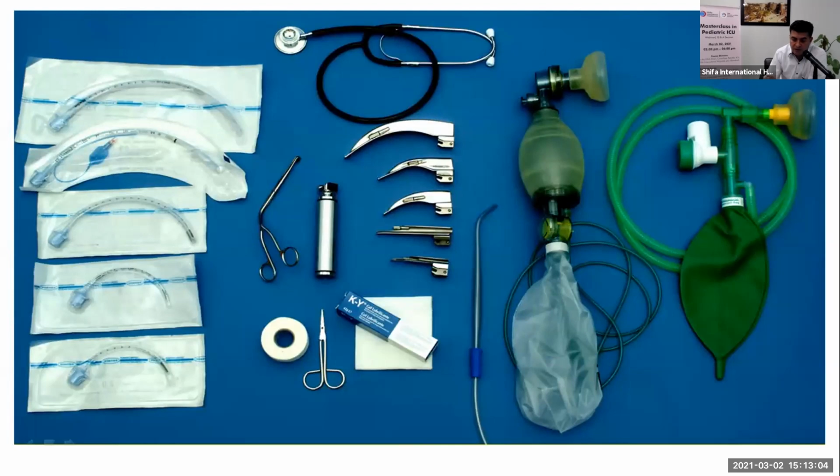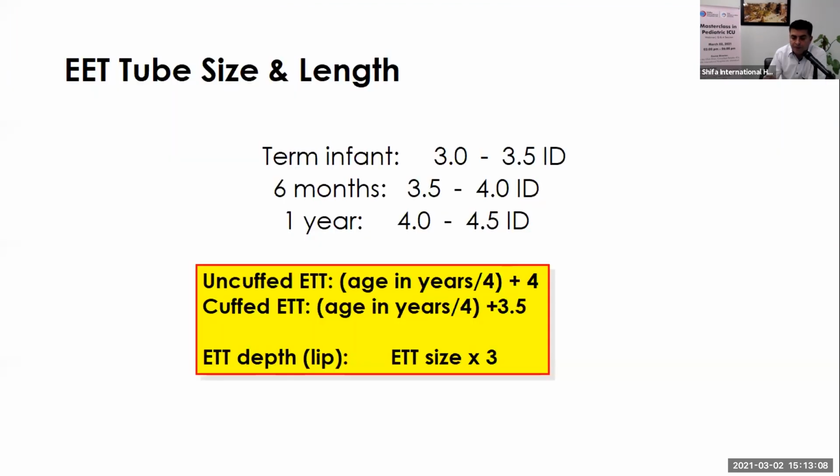You need to have at least a size upper and a size lower than the one which you're choosing. Formula for the endotracheal tube size: for term infants, usually 3 to 3.5 internal diameter. At 6 months it is 3.5 to 4. At 1 year it is 4 to 4.5.